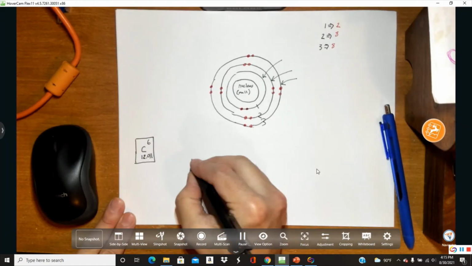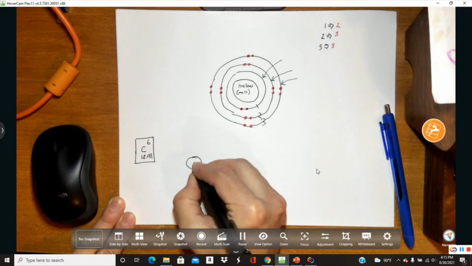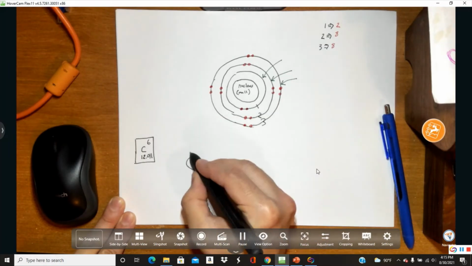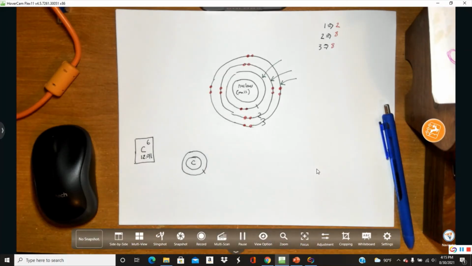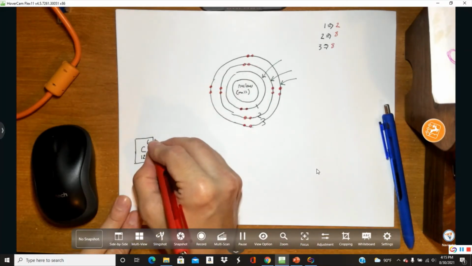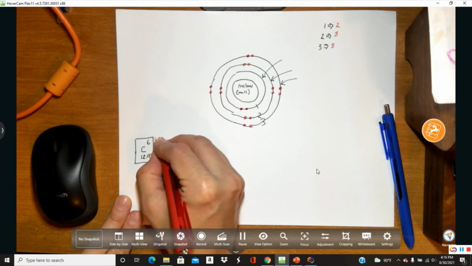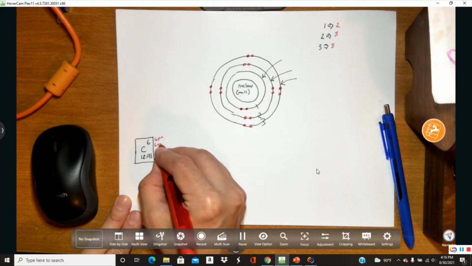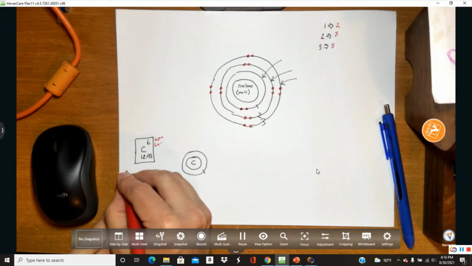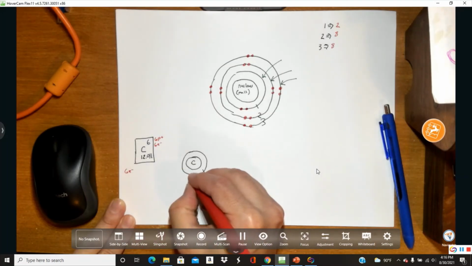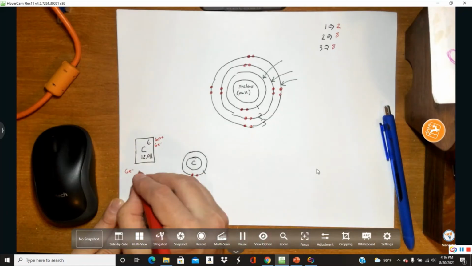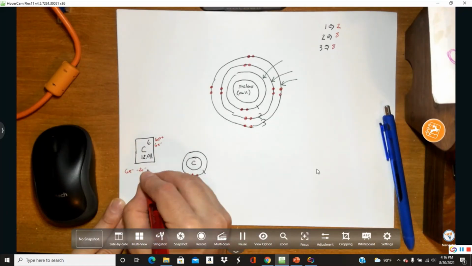Okay. Now, let's say I have a nucleus of carbon right here. Now, let's take shell number 1. First things first, we know that it has 6 protons, but we also know it has 6 electrons. Now, let's take 6 electrons. Let's put 2 of them in the first shell. We have taken away 2. We now have 4 electrons left.